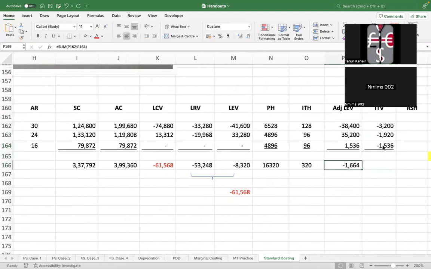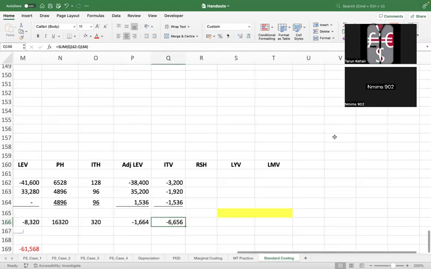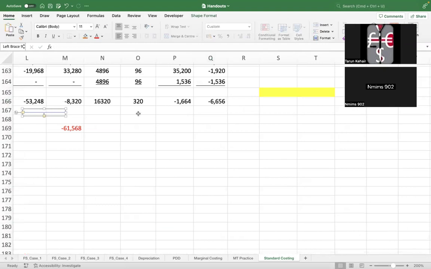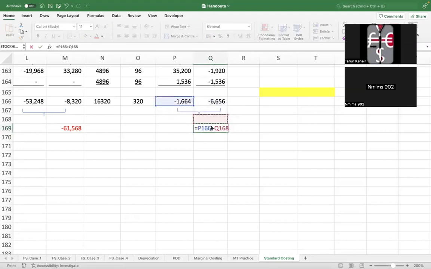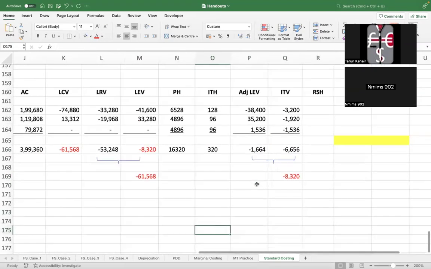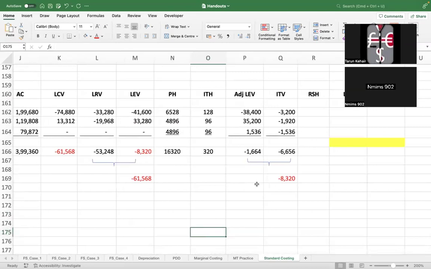You will get your idle time variance, which is 6656 negative. अब इन दोनों को ऐड करो, देखो क्या आता है. 1664 plus 6656, again 8320, which is nothing but your labor efficiency variance, which means now we have split up our efficiency variance into adjusted labor efficiency variance and idle time variance.